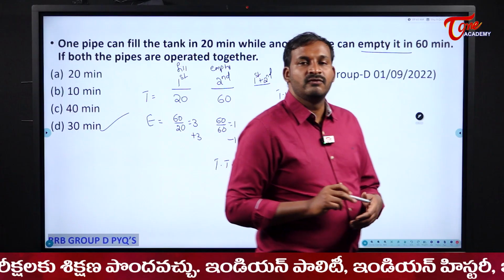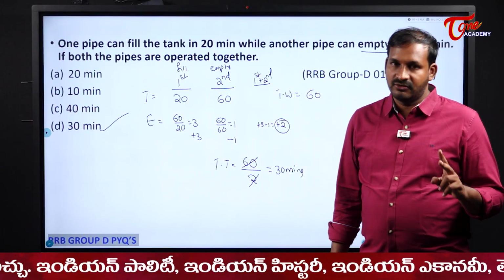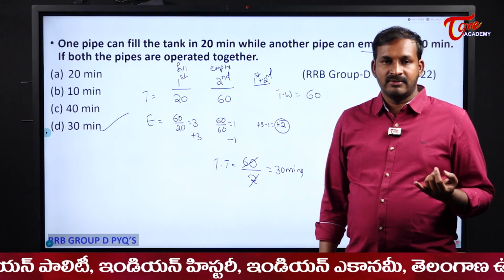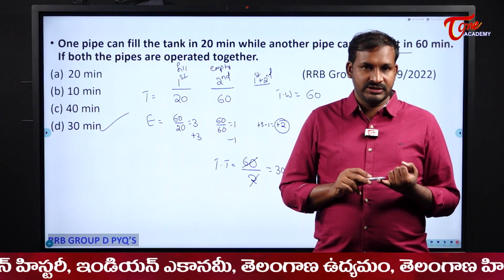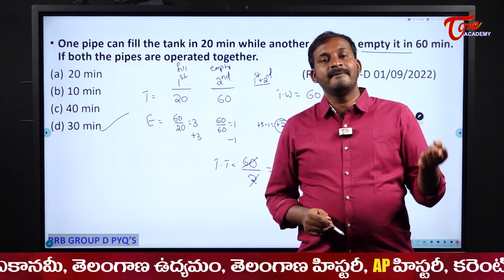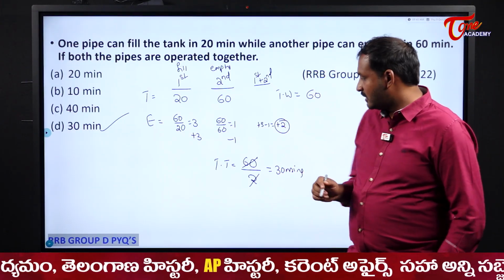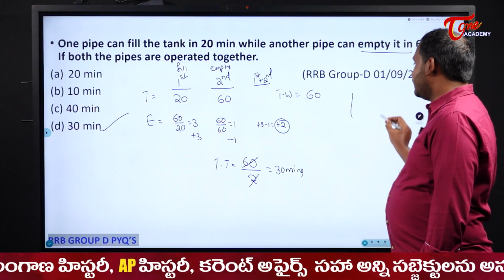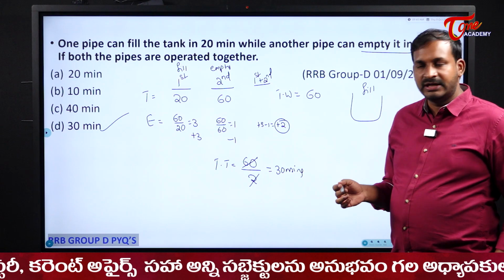So in case one pipe is filling and the other one is emptying, you will have positive and negative efficiencies based on our requirement. If I want to fill the tank, I will take the filling pipe as positive and emptying as negative. If I want to empty the tank, I will take the filling one as negative and emptying one as positive. Why? Because to fill, who will help to fill it?